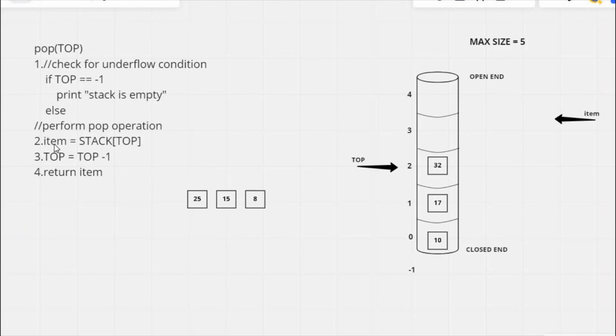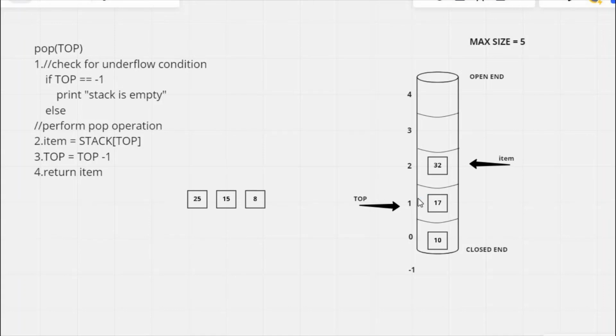Here in the else block, the first step is to store the topmost element of the stack into the variable called item. So the item variable will contain the value of the topmost element in the stack, that is 32. In the next step, we will decrement the top value by 1. Finally, we will return this item to the main method.